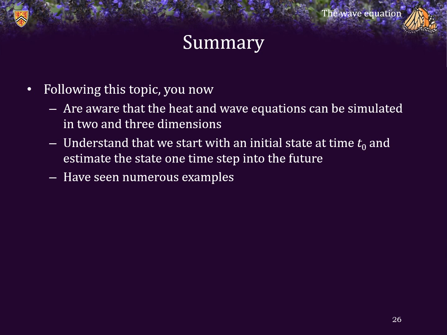Again, many of the properties are the same, and we have seen numerous examples of this in both 2 and 3 dimensions for both the heat equation and the wave equation. We did not look at implementations. However, it should not be too difficult to take the ideas we've seen here and finally put them into code.